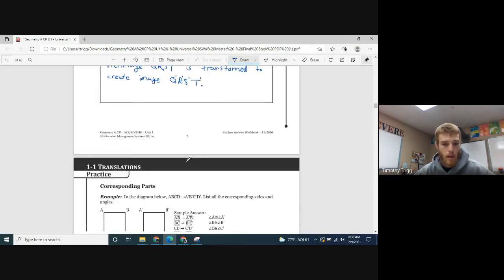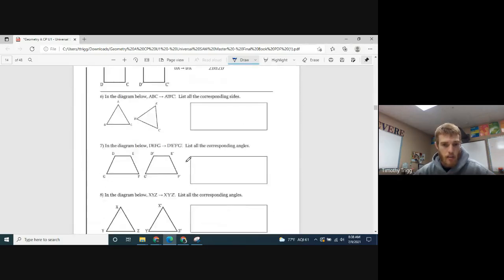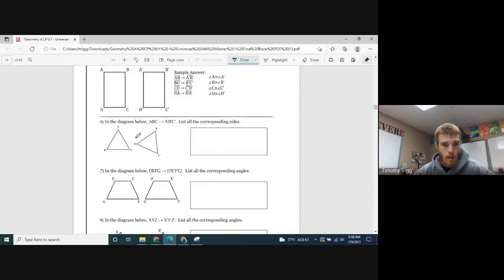Okay, now let's move along. On page 8, let's take a look at these shapes here. In the diagram below, ABC is transformed to make A prime, B prime, C prime. List all the corresponding sides. When we write the corresponding sides, we're looking at the sides of the triangle.